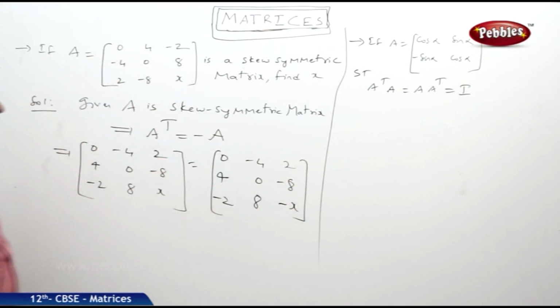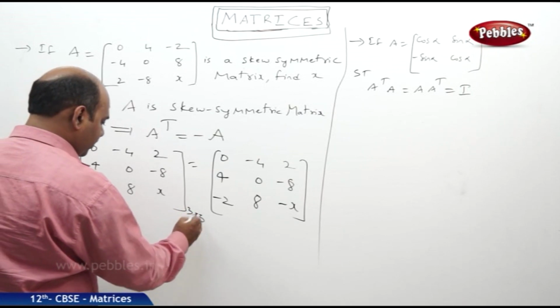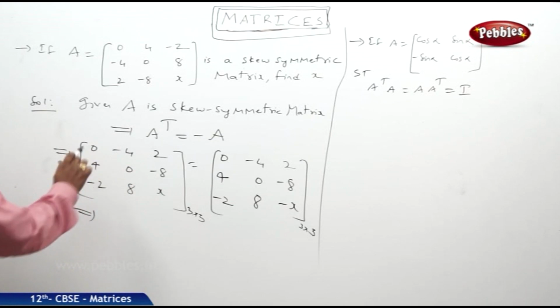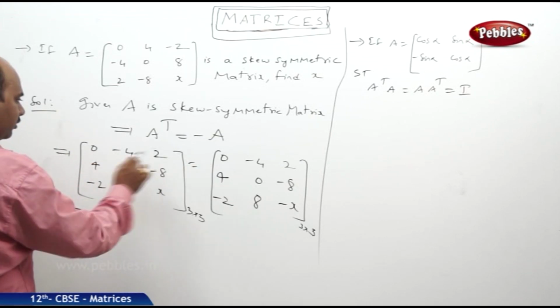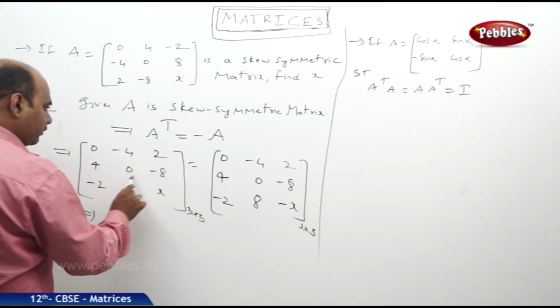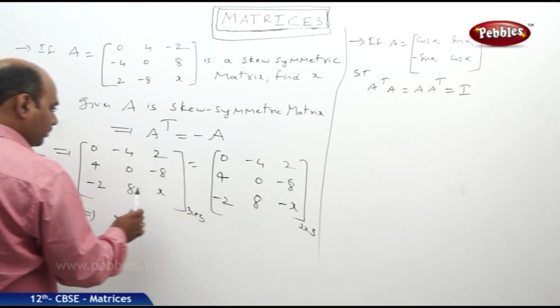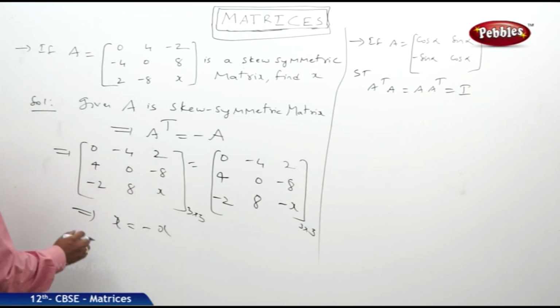Now I think two matrices are equal. If two matrices are equal, their corresponding elements should be equal, and their order should also be the same. This is a 3 by 3, and this is a 3 by 3. Order is the same and elements should become equal. So 0 equals 0, minus 4 equals minus 4, 2 equals 2, 4 equals 4, 0 equals 0, minus 8 equals minus 8, minus 2 equals minus 2, 8 equals 8, and here x equals minus x.